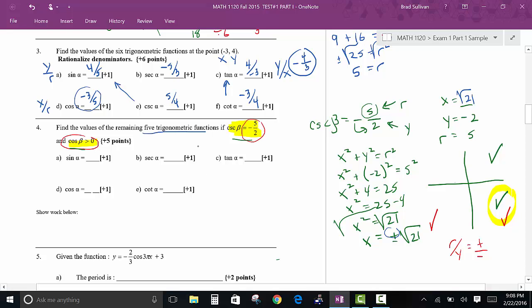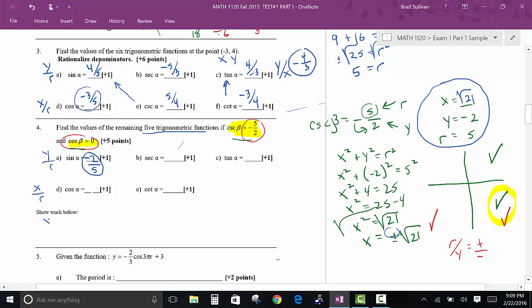Okay, now it's just a matter of taking these definitions right here, plugging them into the definitions of the trig function. So the sine is y over r. Okay, y is going to be negative 2, r is 5. So the sine is negative 2/5. Okay, now we can go on to the cosine. The cosine is x over r.